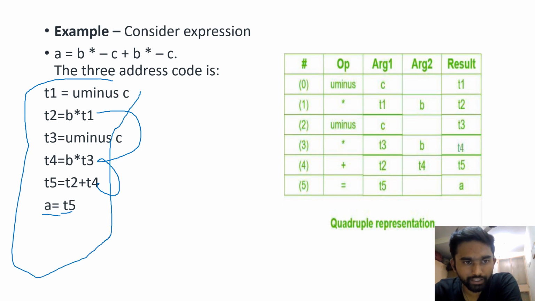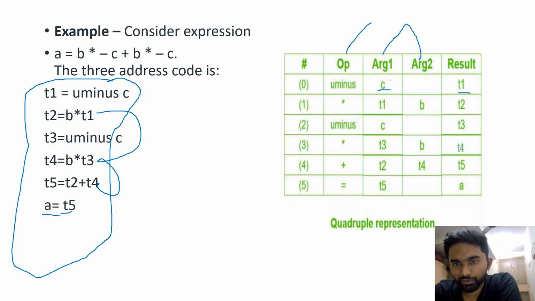Now we'll see how it is represented in quadruple representation. So first we will make columns for operator, two operands and result. The first operation we have performed is minus, the operand is c, and the value of this minus c is stored in variable t1.